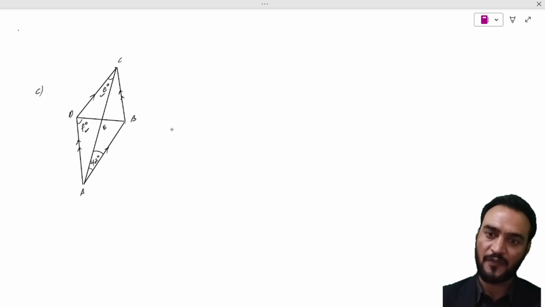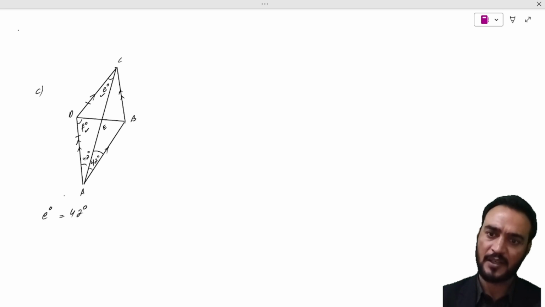If this angle is 42 degrees, then this angle is also equal to 42 degrees. And if this angle is 42 degrees, then e degree is 42 degrees because angles opposite to equal sides are always equal. So e degree is equal to 42 degrees.